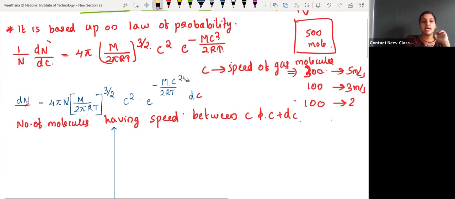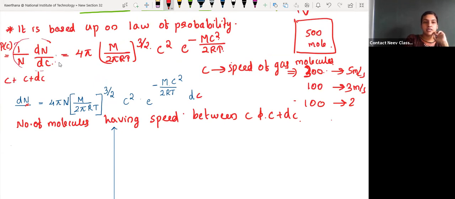So we can write 1 by n dn by dc equal to P of c, or probability. This represents the probability of finding molecules having speed between c and c plus dc.